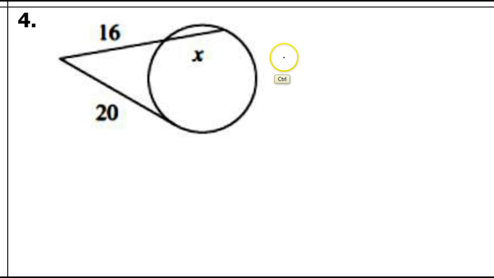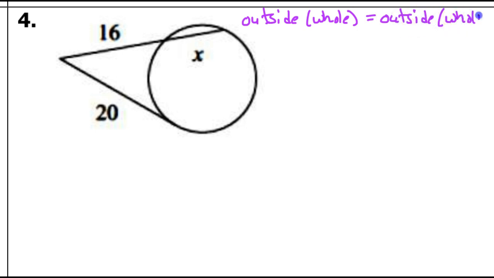All right, for this problem, we really will use the same formula, even though it's a little bit of a special case because we have this tangent segment right here. But let's give it a try. It's still going to be outside times whole is equal to outside times whole.